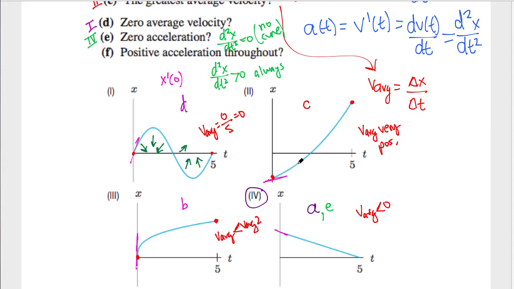For number 2, it appears that our concavity is always up. So F applies to number 2. For number 3, our concavity is always down, so our second derivative is negative. And for number 4, our second derivative is 0. So the only one that this works for is number 2.